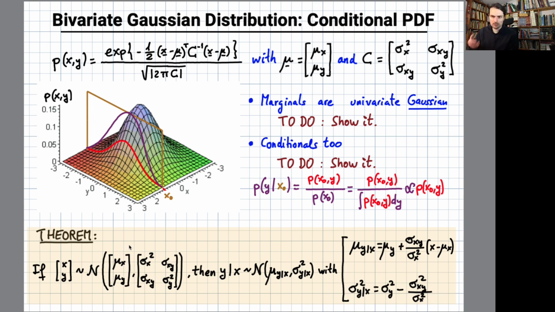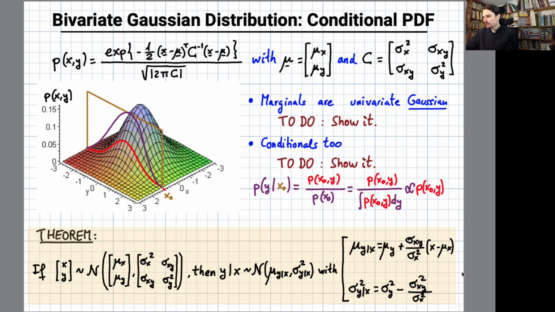We did that just for illustrating this technique of working with exponents and quadratic functions, identifying the coefficients of the polynomials, which I think is a very useful set of techniques. But we don't need to do that in practice. We just can come here and apply this theorem, and that will give us the conditional distribution.